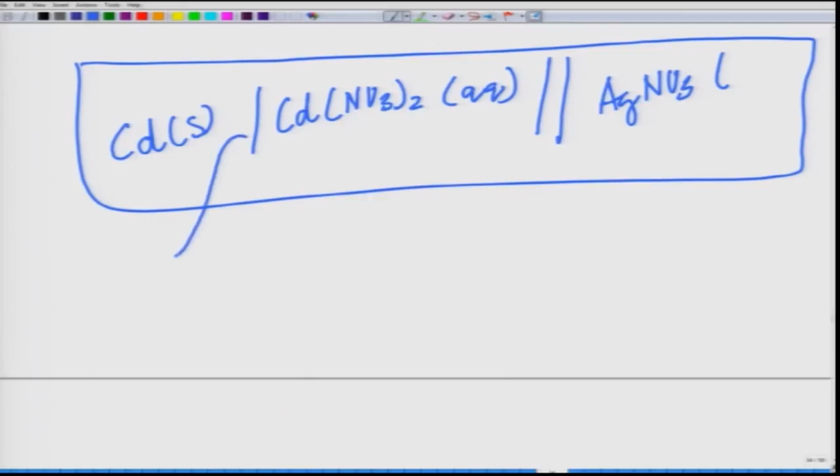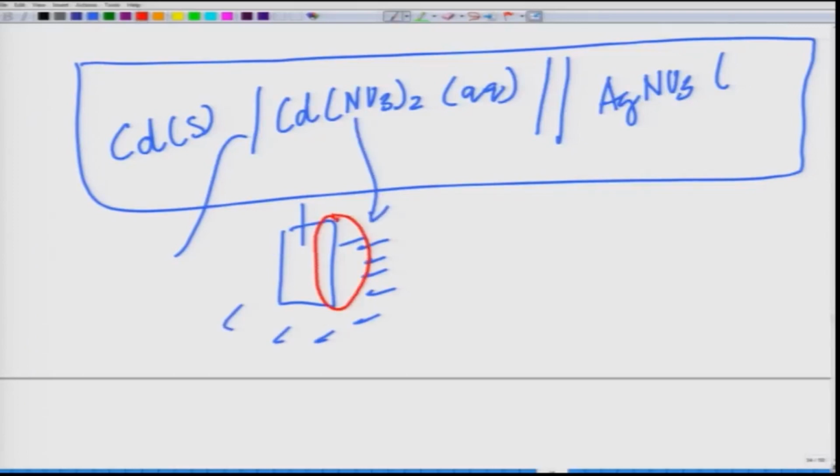This is the first phase boundary, where cadmium nitrate is the electrolyte in contact with the cadmium electrode, shown by this one line, and then you have the salt bridge shown here.